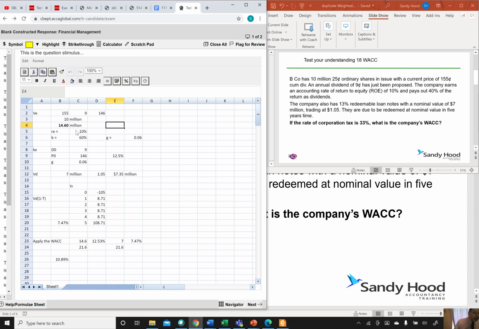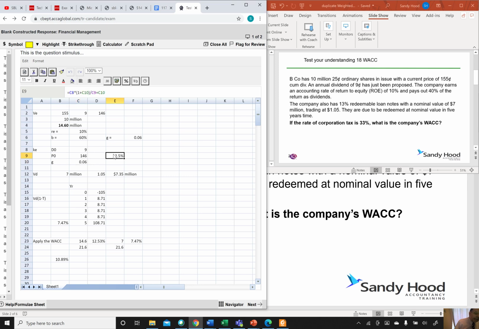Then we use our retention. We know that we are retaining 60%. We know that we've got a return to equity of 10%. Multiplying the two together gives me a growth rate of 6%. Putting that into my dividend valuation model, I've got the dividend is 9 in the current year, and we've got 146 as our value in cents of each share, and we've got growth at 6%.